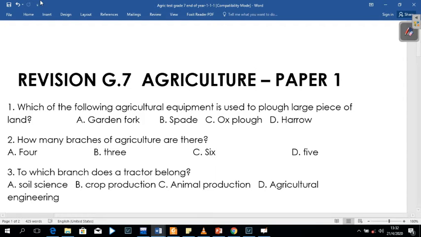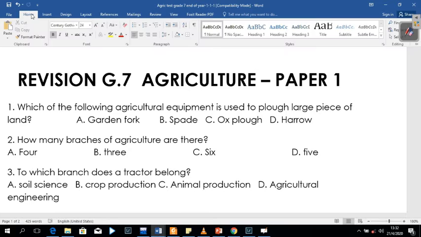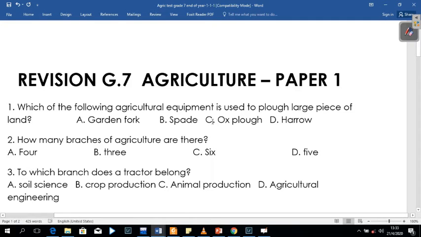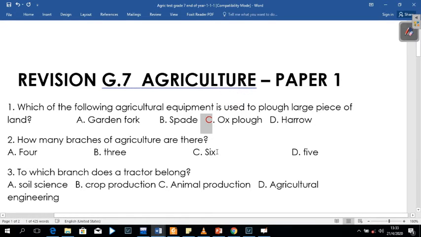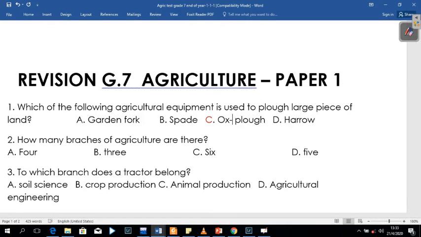And the correct answer there, I'll be highlighting the correct answer, and here that will be C. The ox drawn plow, right? Not ox plow, right? So you guys must know ox drawn plow.